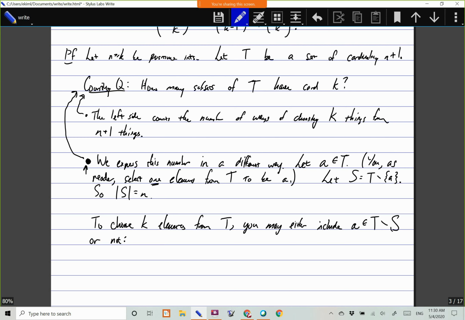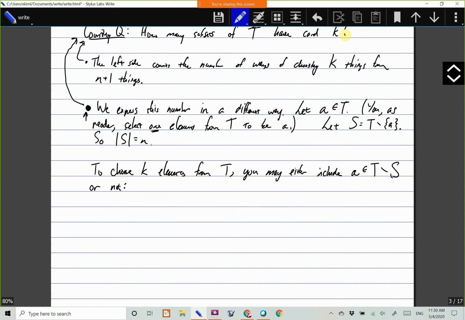Either this element little a is one of the K elements, or it isn't. And this sounds almost like a proof by cases. I don't want to call what's happening here next a proof by cases, but it has some of the same sort of logical thought process as that.